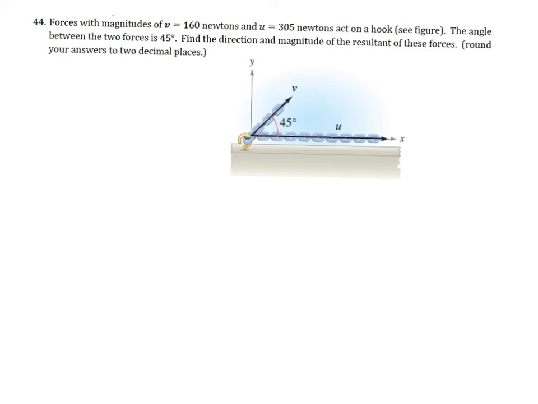So we're going to put them into component form. Let's start with our V. Our V's magnitude is 160. And then we've got the cosine of 45 and the sine of 45.